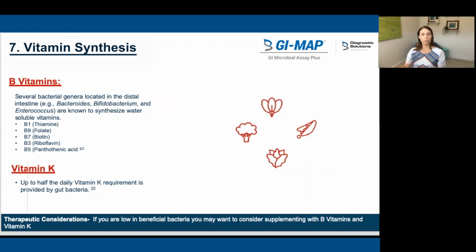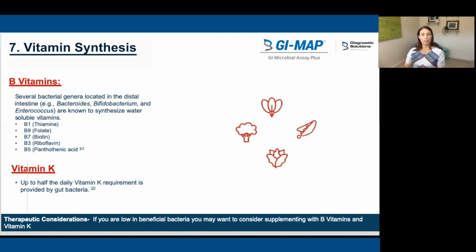Several bacterial genera in the distal intestine, such as Bacteroidetes, Bifidobacterium, and Enterococcus, are known to synthesize vitamins: thiamine, folate, biotin, riboflavin, and pantothenic acid. Those are all produced in your intestinal tract by your commensals.